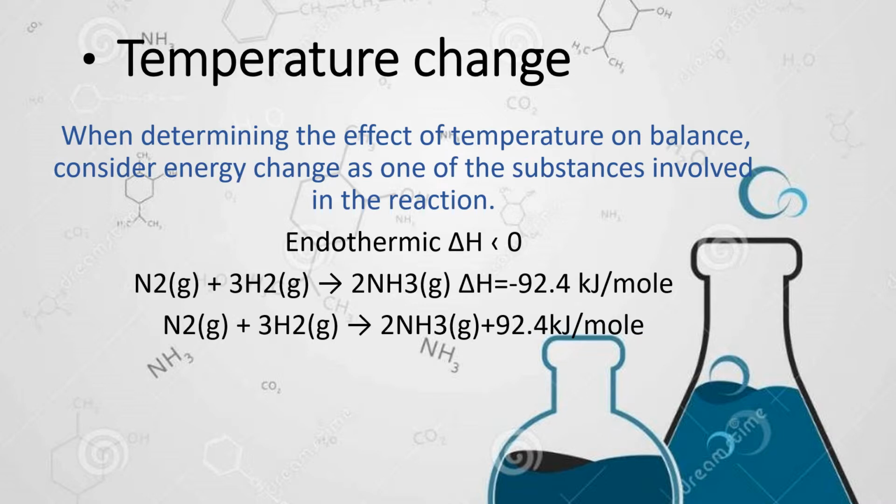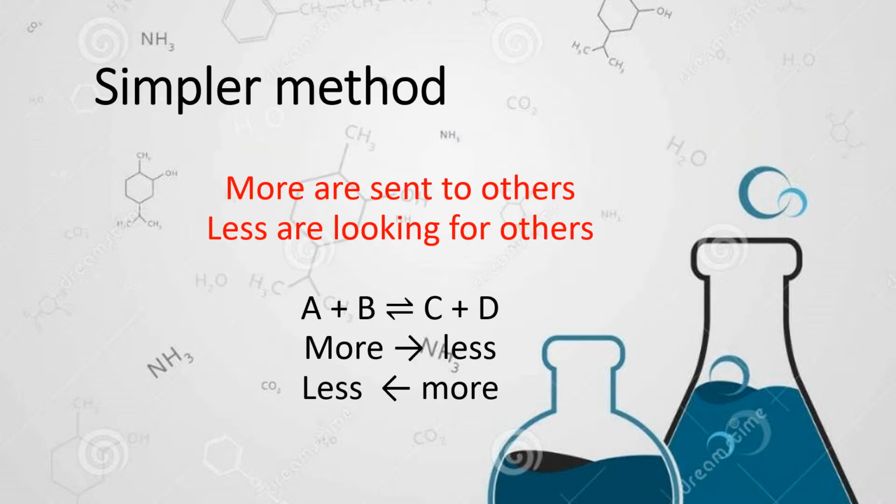Next, I am going to teach a simpler method. There is a saying: more are sent to others, less are looked for from others. Example: if A is more, then it will be sent to C or D, so the equilibrium will shift to the right.